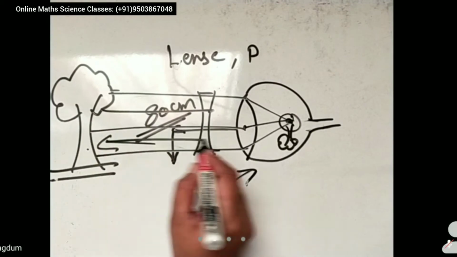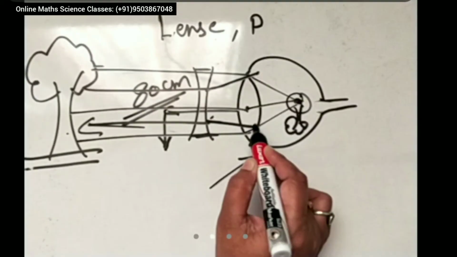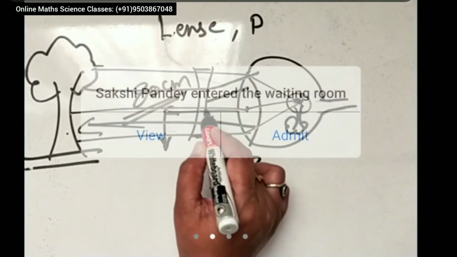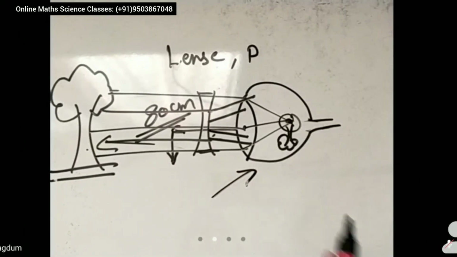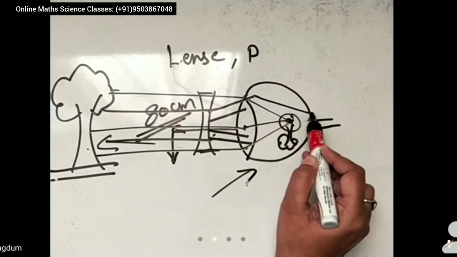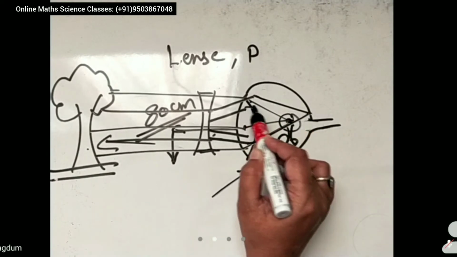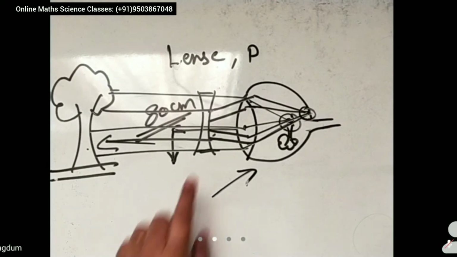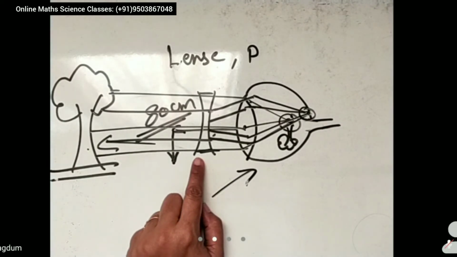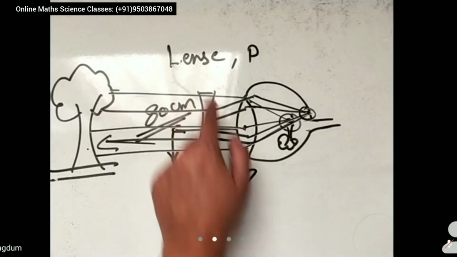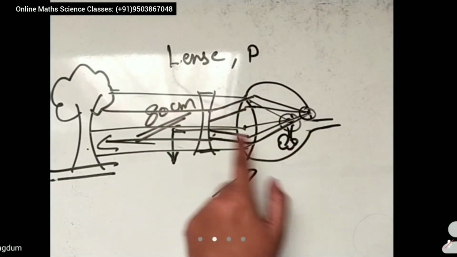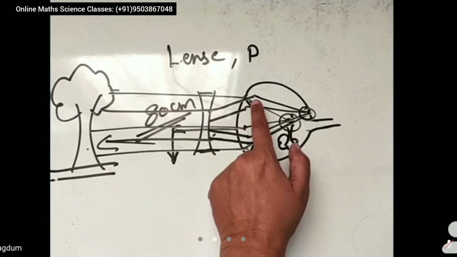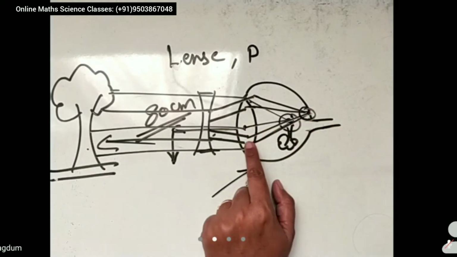The concave lens will diverge the rays in this way, and after diverging, the lens will shift the image on the retina. इसमें क्या होता है, जब आप concave lens यूज करते हो तो concave lens always helps to diverge the rays, and after diverging again it will converge due to the convex lens, right? हमारा eye lens कौन सा है? हमारा eye lens convex है और वो rays क्या करता है?